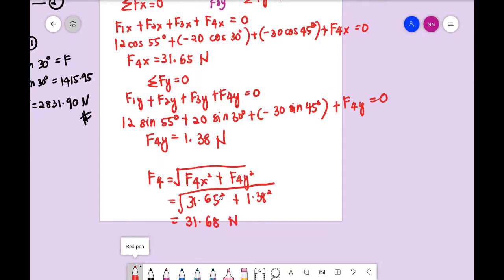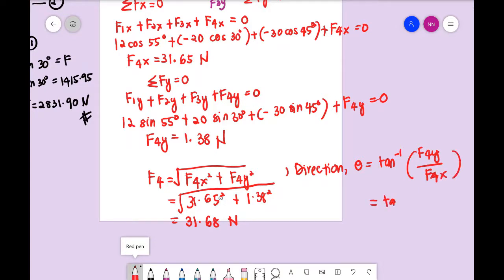31.68 Newton, and the direction is theta equals inverse tangent of F4y over F4x.